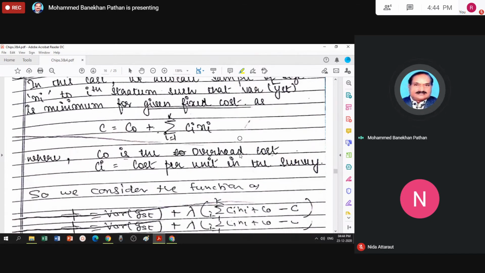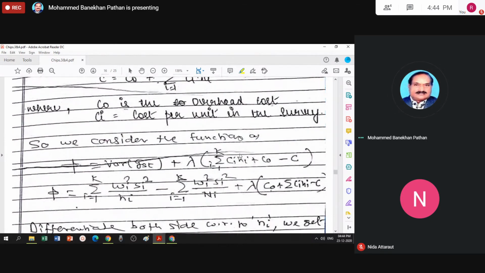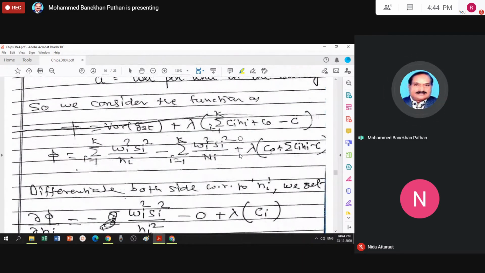Let us see how to proceed ahead. We write a function phi, which we have written under Neyman allocation also: variance of y bar st plus lambda times summation ci ni plus c0 minus c.